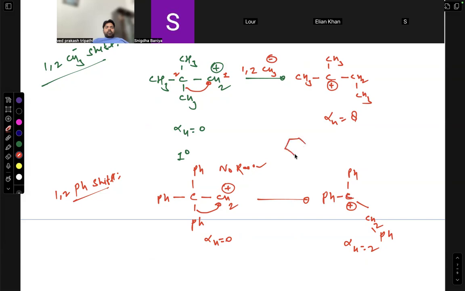If you are going to draw this structure, another ring, and then CH2Ph. Makes sense? So you can see this positive is a part of ring here, which is in resonance. So resonance means stability increases. So this is called 1, 2 phenyl shift. Make sense? Please tell me everyone, it makes sense?